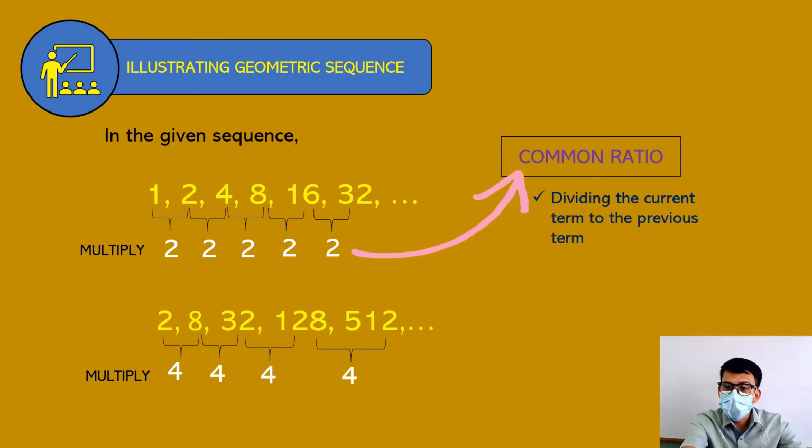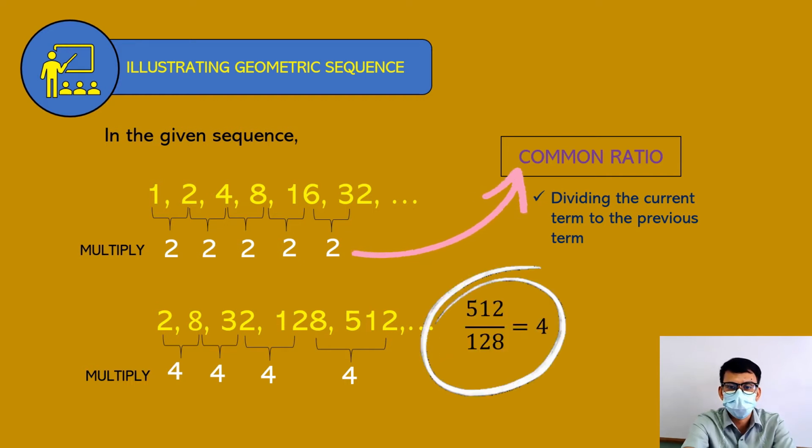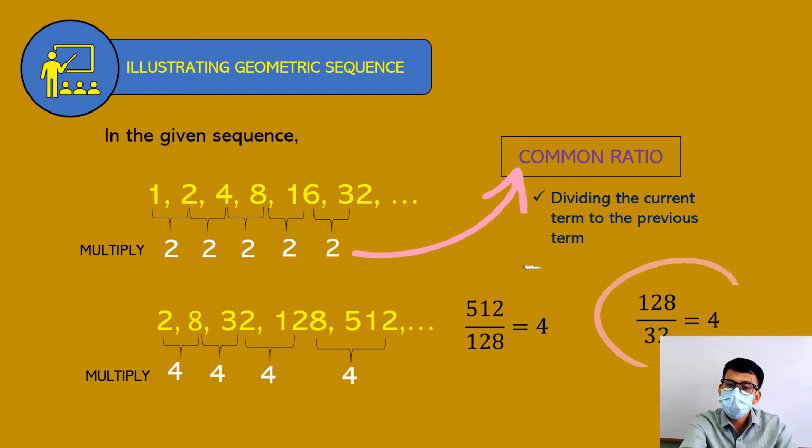They have a common ratio, therefore 4 is what we call the common ratio, and we can say that this sequence is a geometric sequence. So R is equal to 4, or the common ratio is equal to 4.